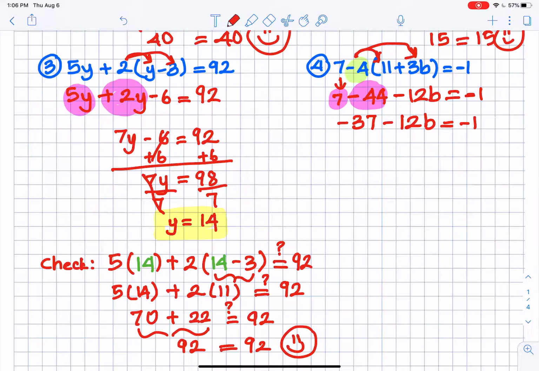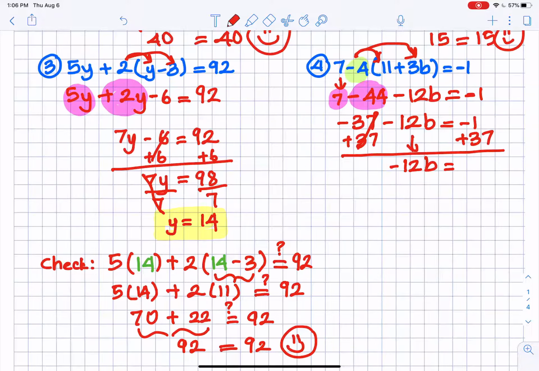Then, doing the inverse operations again, we are going to add the inverse of the constant to both sides of the equation. And then please be careful here. You have a negative sign in front of the 12b. It is going to be negative 12b equals positive 36 here.